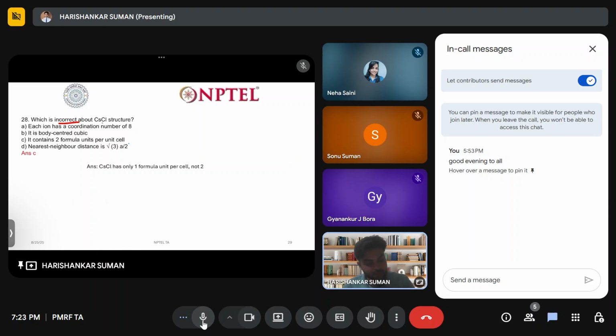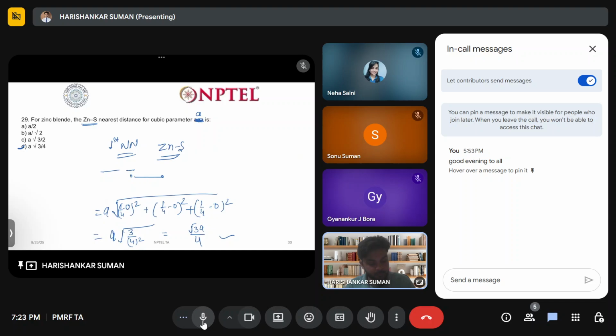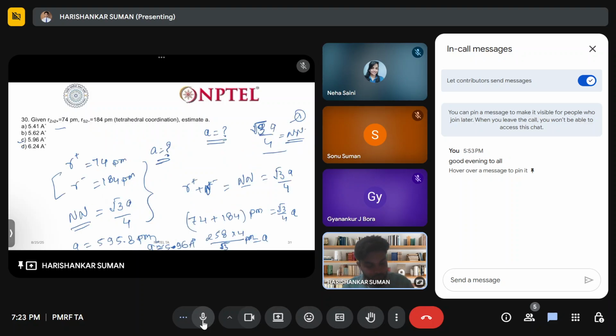And for the nearest neighbor distance for ZnS, if you know the positions 0 0 0 and 1/4 1/4 1/4, the distance between these two is calculated like this. And a question on this also, ZnS.